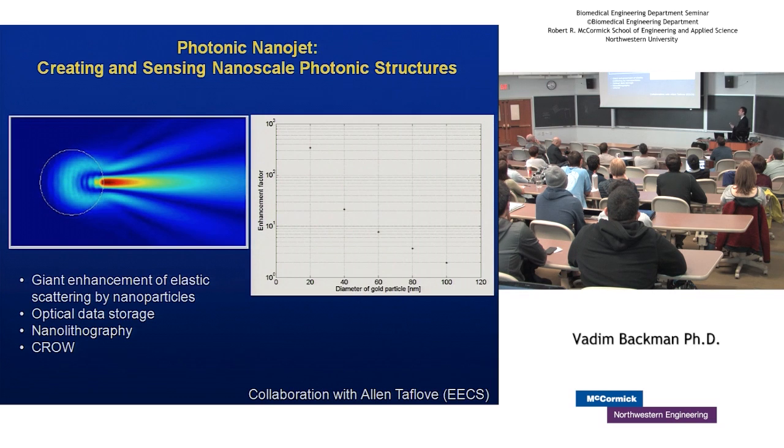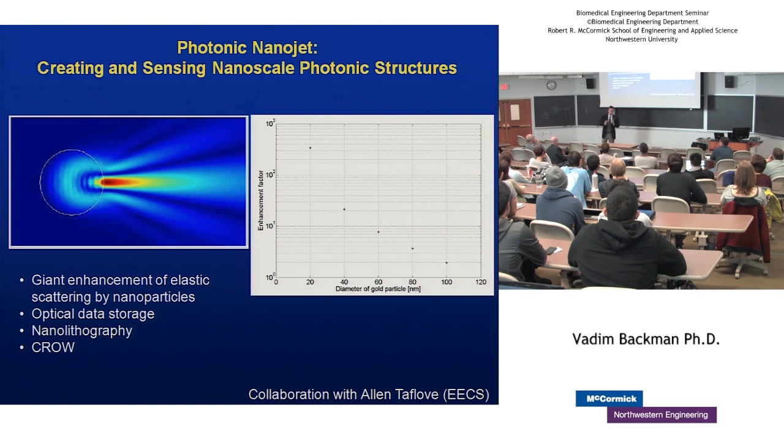And I think this is going to be the last example, which is really non-biological: photonic nanojet, which was discovered along with Alan Taflove several years ago. Now this technology has been picked up by multiple groups throughout the world. So there were some conferences on this topic, and I went to some of them.